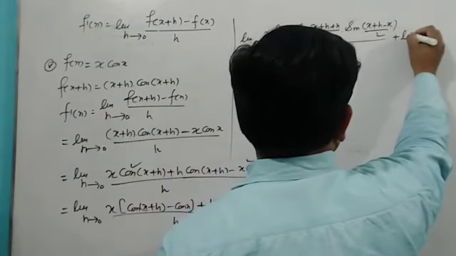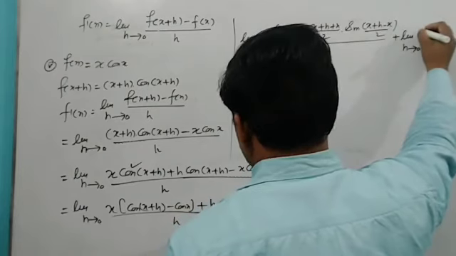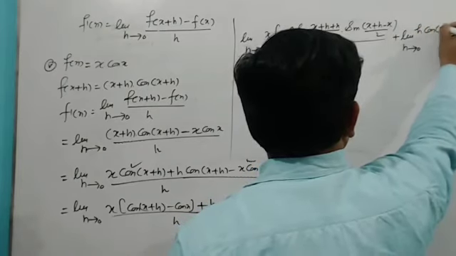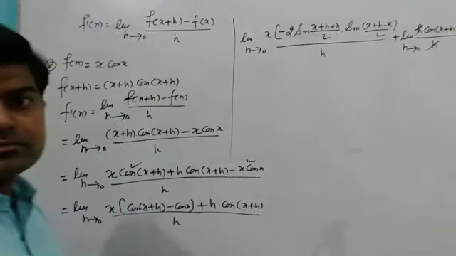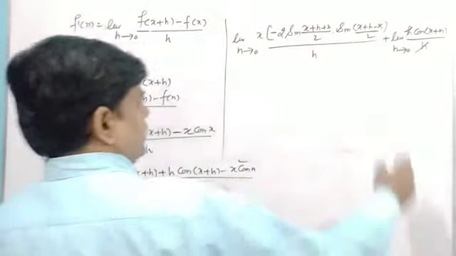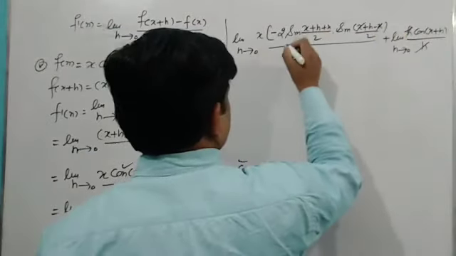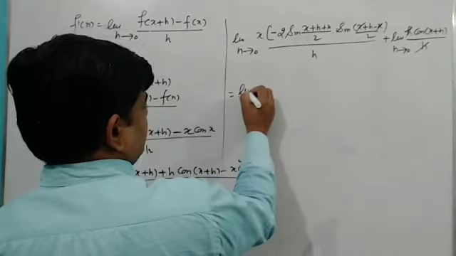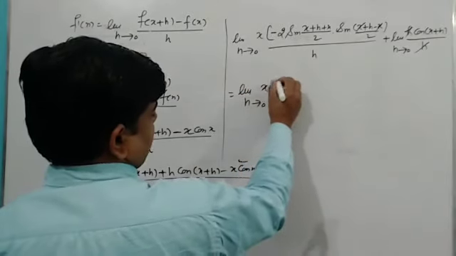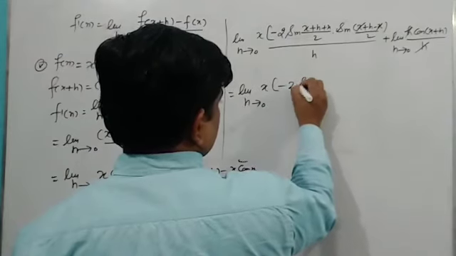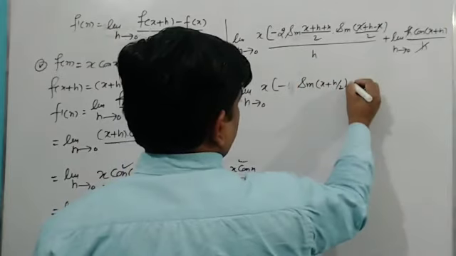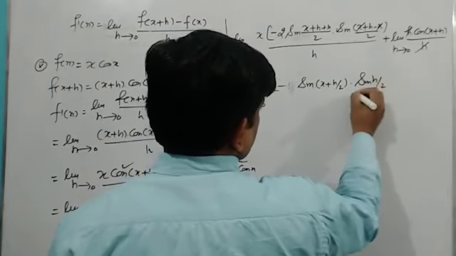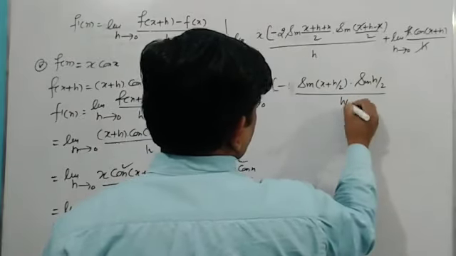Another part of this question can be written as the limit as h tends to 0 of h cos(x+h) upon h. This can be considered small. Now see here, I can write the limit as h tends to 0 of x times [minus 2 sin((2x+h)/2) into sin(h/2)] whole upon h, where the 2 will come to h/2.